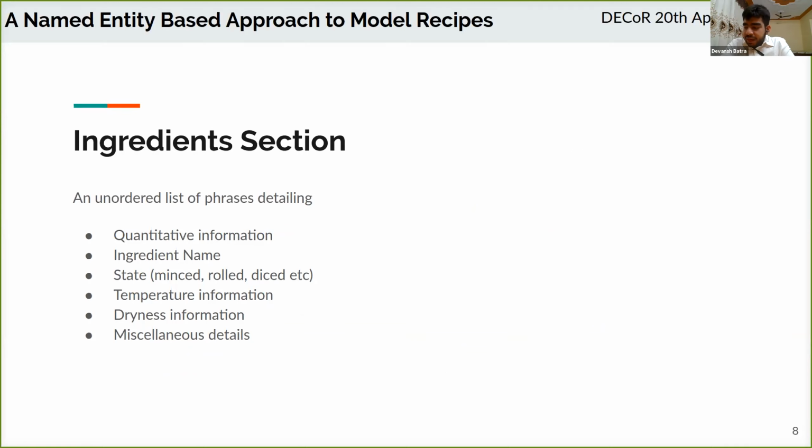Ingredient section, let us try to define what an ingredient section actually is. It should be very clear from the previous slide. This can be seen as an unordered list of phrases detailing quantitative information, ingredient name, state. By state here I mean something like minced, rolled, diced, etc., which is going to significantly affect the amount of ingredient that is going to be used.